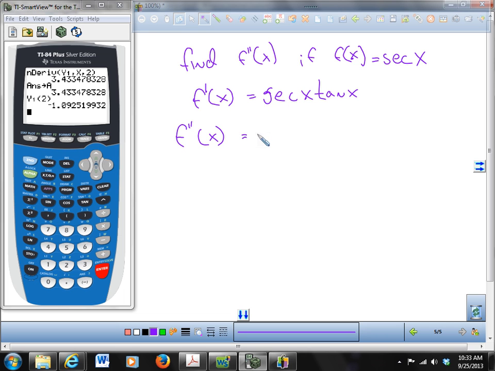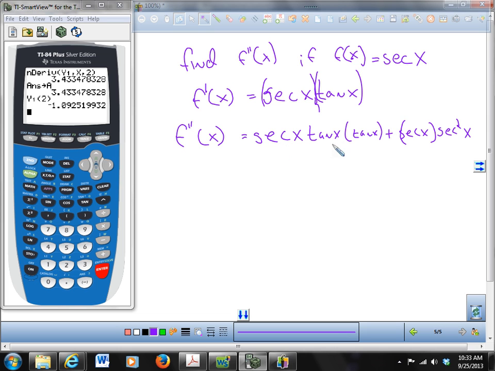So you take the derivative first, which by itself is secant x tangent x, times the second, which is tangent of x, plus the first left alone, which is secant x, times the derivative of the second, which is what? Secant squared x. Okay? And then you simplify.